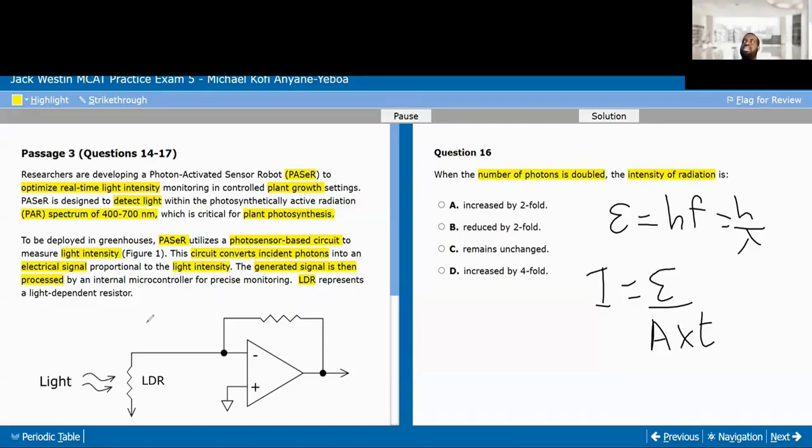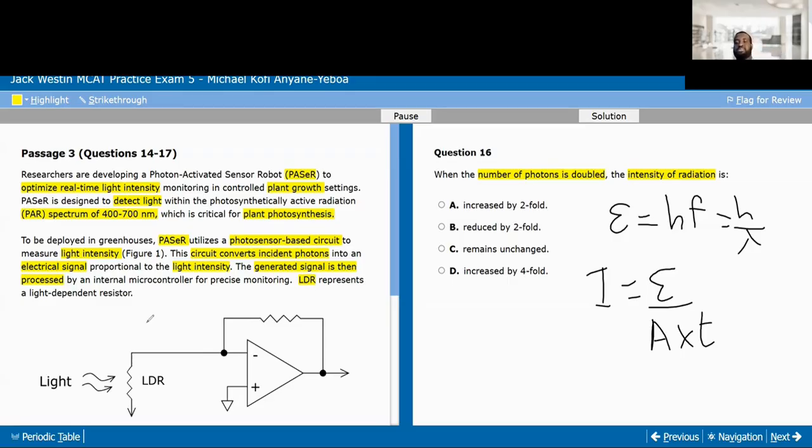The intensity of radiation takes into account every single photon, right? So there's a total intensity, but that total intensity comes from the total energy. It's additive, right? So if I have 4 photons of, say, energy 2 joules, then my total energy of radiation is going to be 8 joules, right?